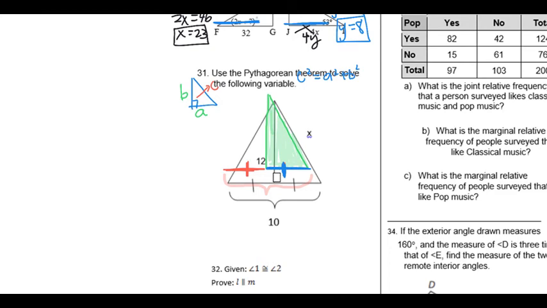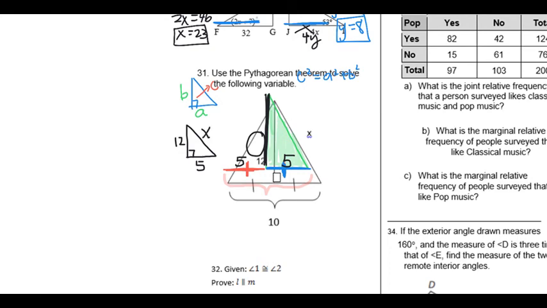That means that this piece is 5, and so is this piece. And then one last piece of information is the fact that they told you that this side here is 12. So now I have a triangle that looks very similar to the one that I have up here.